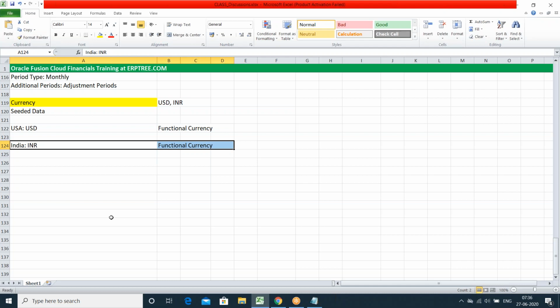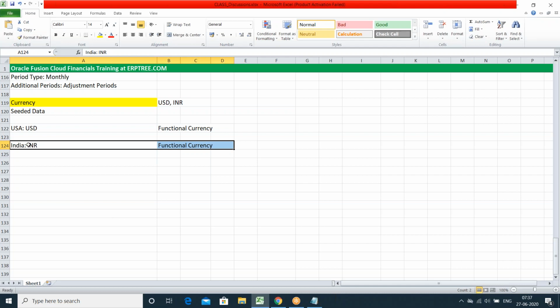INR is our functional currency, but when dealing with the US supplier we deal in dollars, so USD is a foreign currency. Wherever you are running the business, that country's currency is the functional currency, which is nothing but the local currency. All other currencies are foreign currencies.